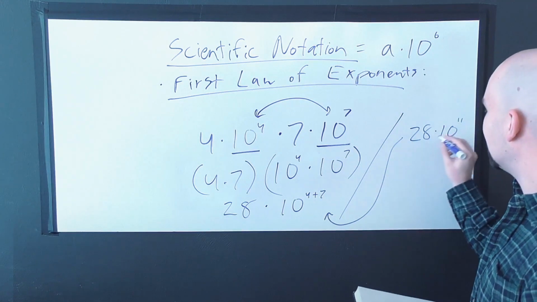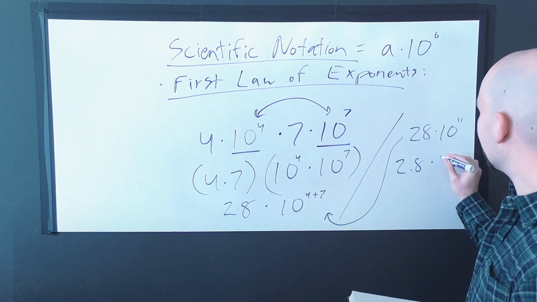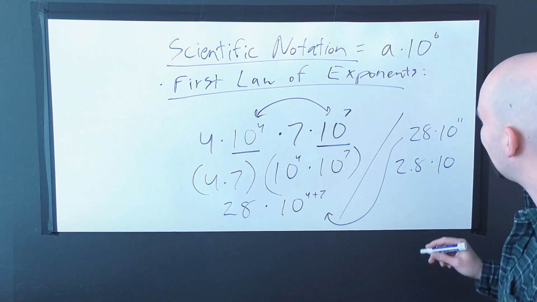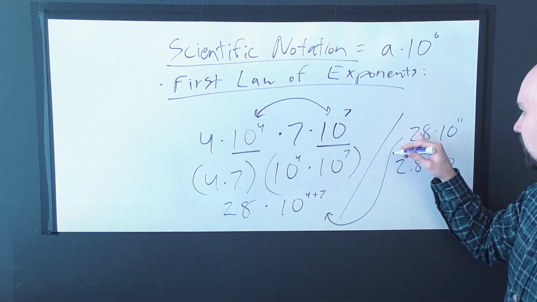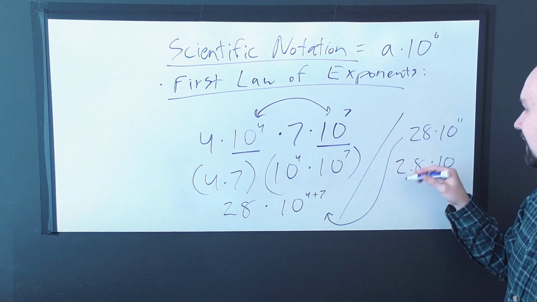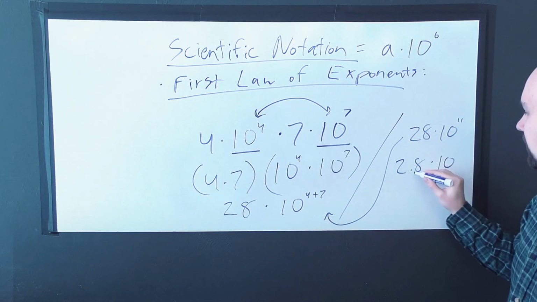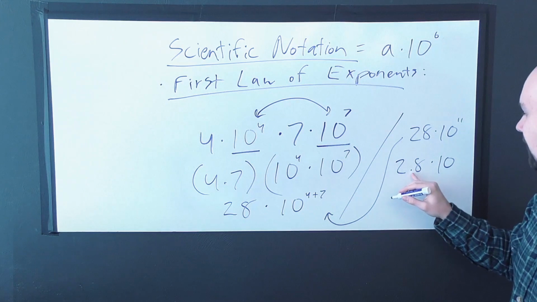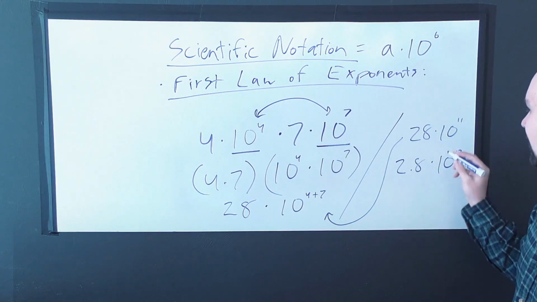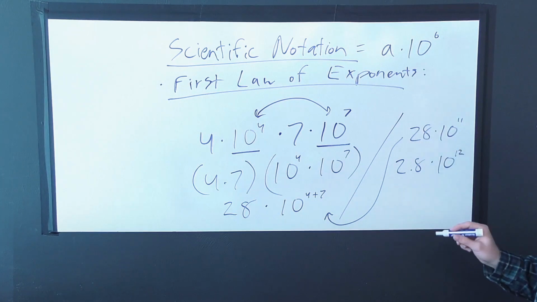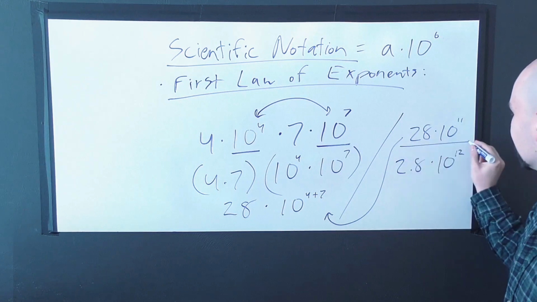So I'm going to just insert a decimal here, 2.8 times 10 to the power of 11, but now I've had to divide 28 by 10 in order to move the decimal over to 2.8. So I have to make up for it by adding another power of 10. So now 28 times 10 to the power of 11 is going to equal 2.8 times 10 to the power of 12. So this is my answer.